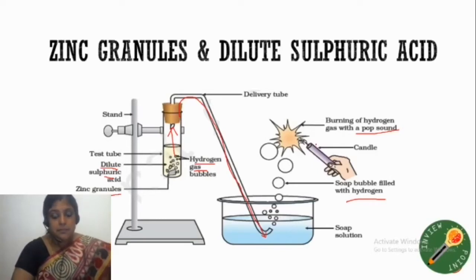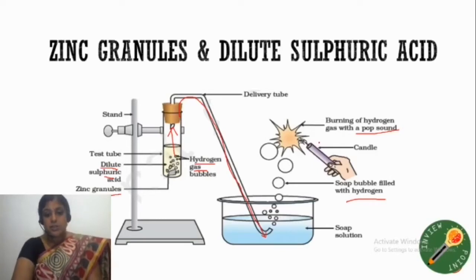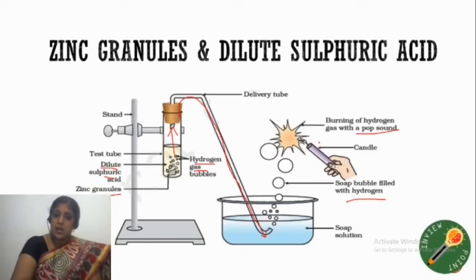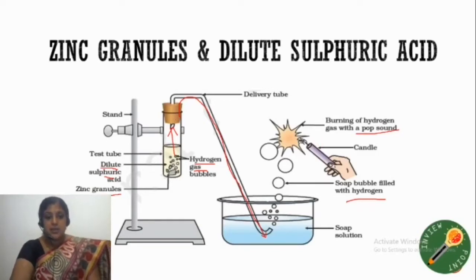So students, listen to this properly because this observation has been asked in your previous questions. They have given this activity and they have asked what is a chemical reaction, write the chemical equation, and give the test for hydrogen gas.